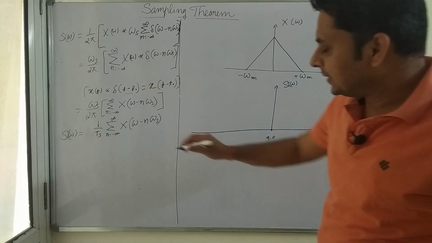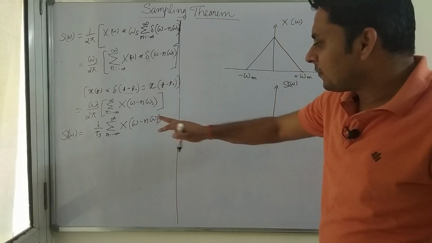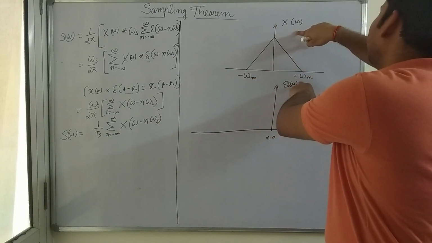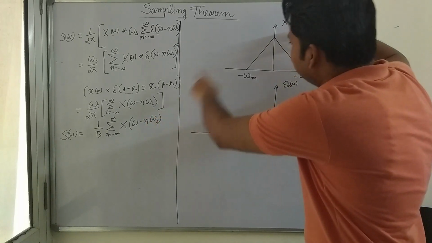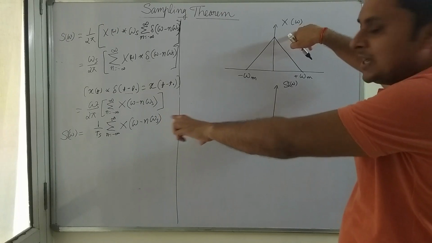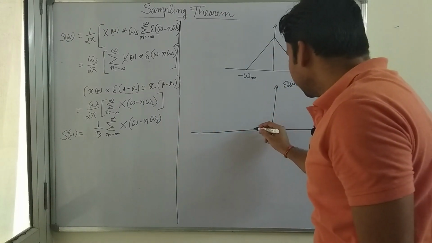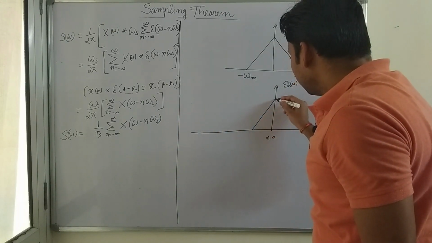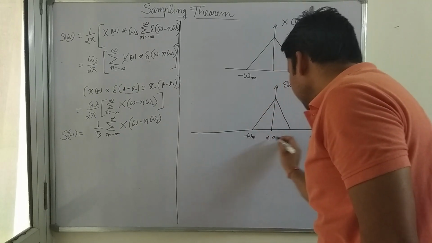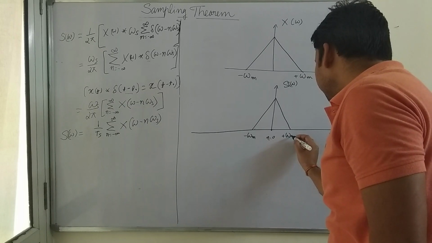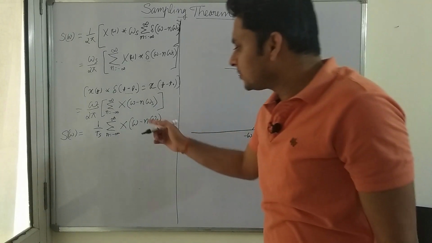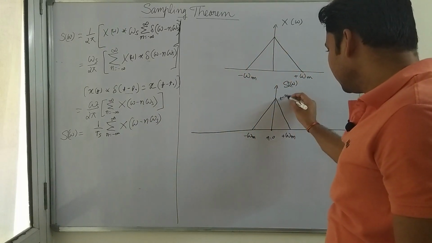One function will represent X of omega, and X of omega is here, from minus omega m to plus omega m, and that 1 upon Ts will change only its amplitude, nothing more will be changed. So it will come here like this, from minus omega m to plus omega m. Okay, this is for n equals 0.